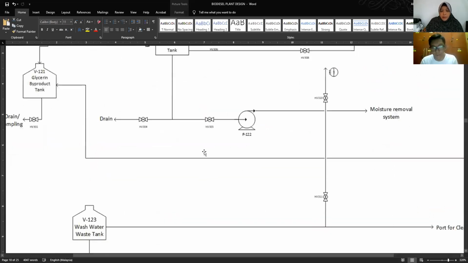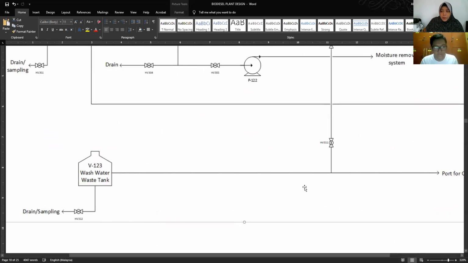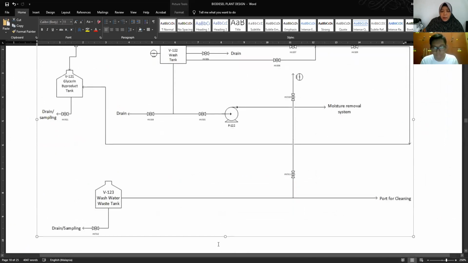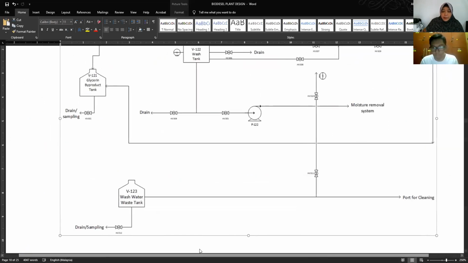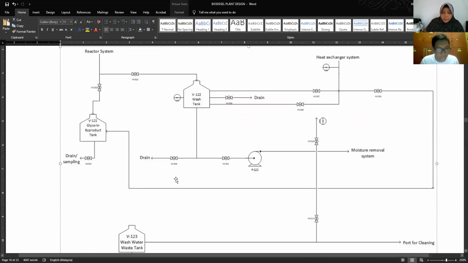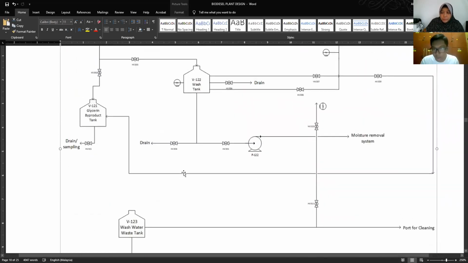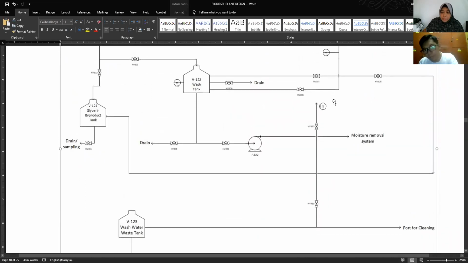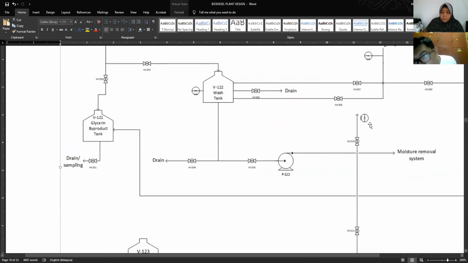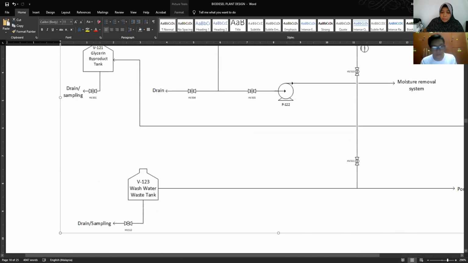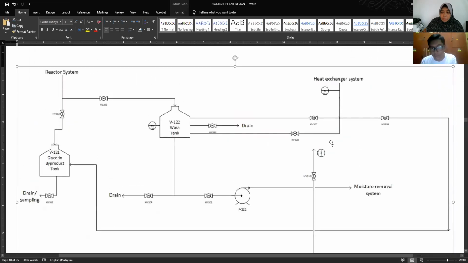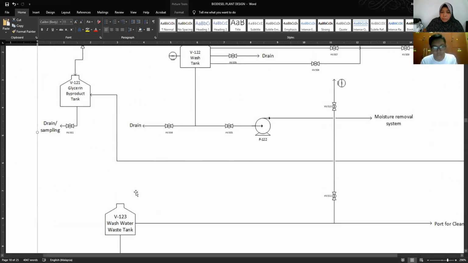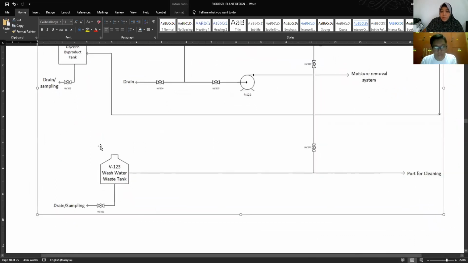Do you have any information regarding the operating temperature of the wash tank? Maybe I forgot to put it. I just put the pressure transmitter and not the temperature indicator. Okay, so put it here.